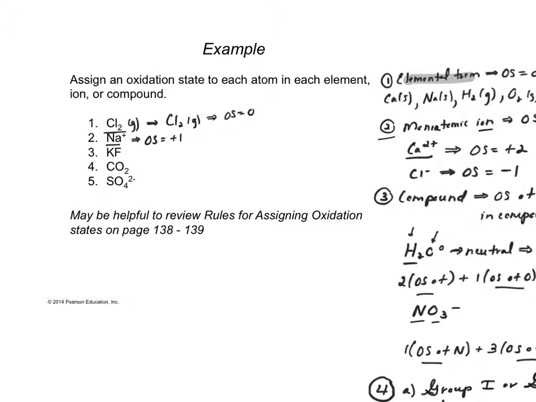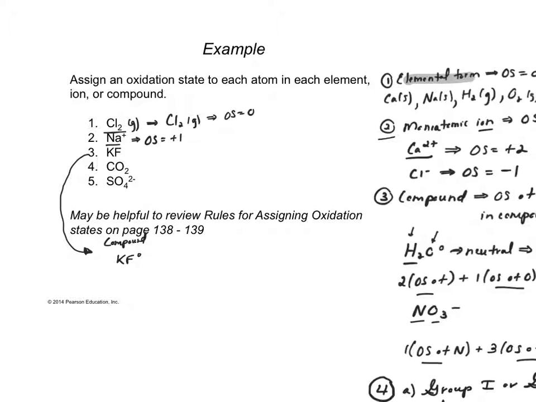All right, so then in 3, we have our first compound. So this compound here is potassium fluoride. Note that it is neutral, so it's a neutral compound.